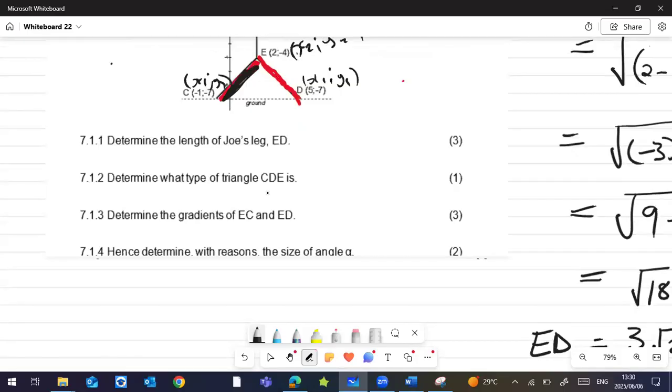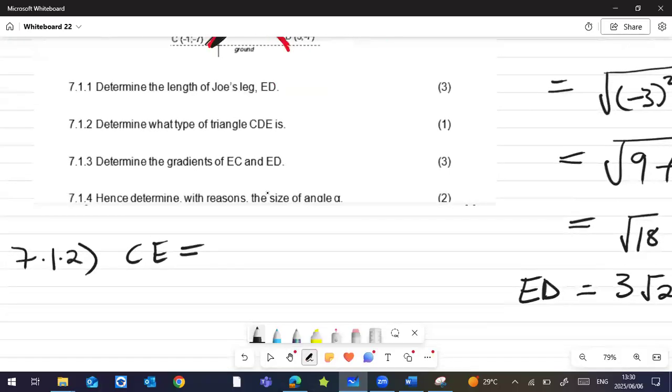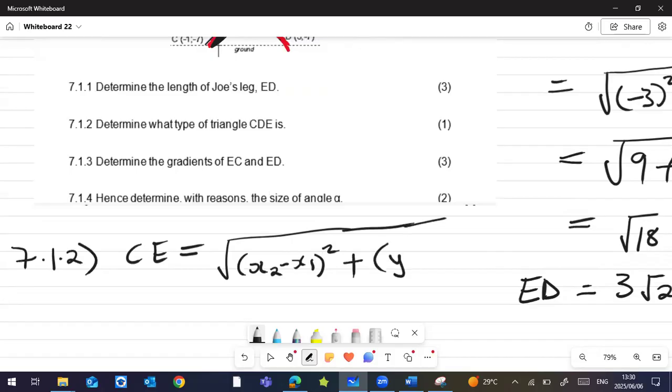That line CE, 7.1.2. CE using the distance formula should then be the square root of x2 minus x1 squared plus y2 minus y1 squared.